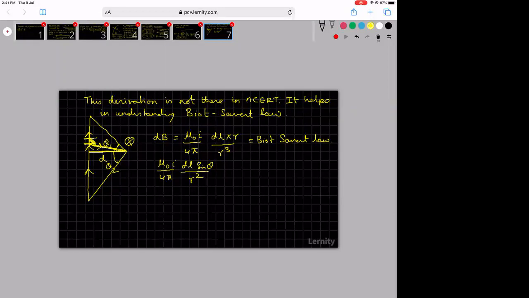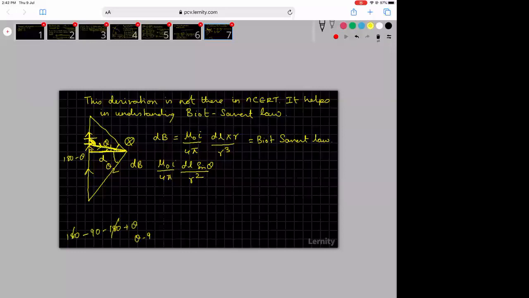Now, this is dB, the magnetic field because of that element. Now let me see what I can do. So this angle here is 90 degrees. Then this angle here is 180 minus theta. So together the two, this particular angle here will be 180 minus 90 minus 180 plus theta. So this 180 gets cancelled.